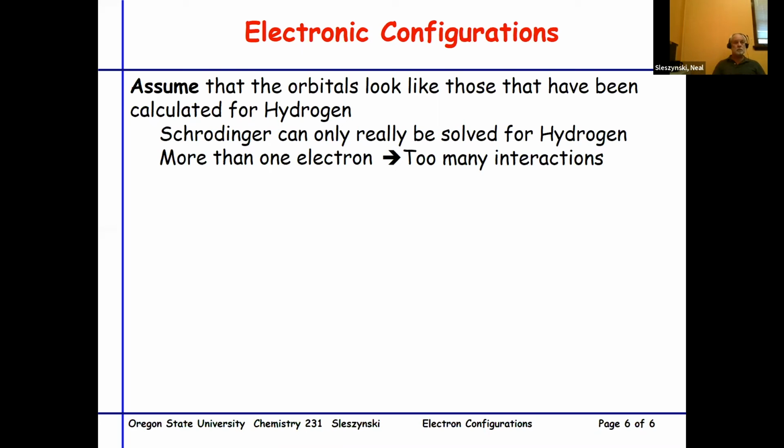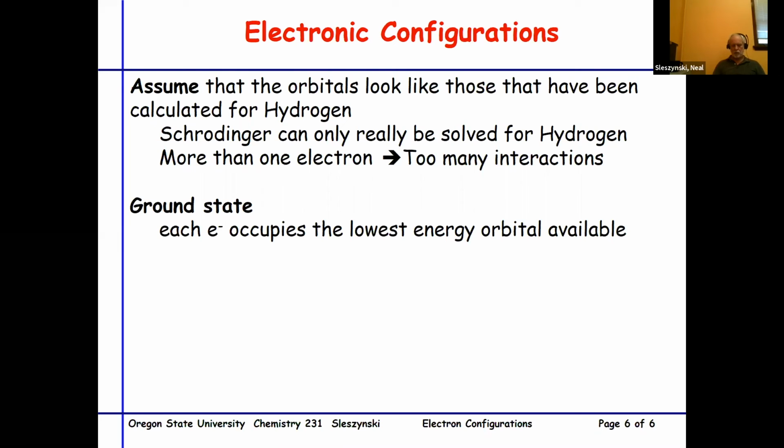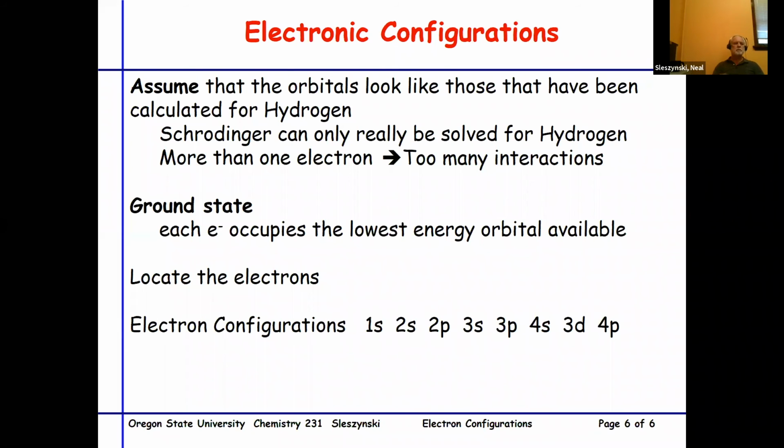So we're making an approximation by assuming the orbitals we've solved for the hydrogen atom also take effect for the other atoms. We're going to talk about ground state. Ground state is where each electron occupies the lowest possible energy orbital that's available. We're going to locate our electrons in the individual orbitals based on energy as those electrons are added as we go across the periodic table.